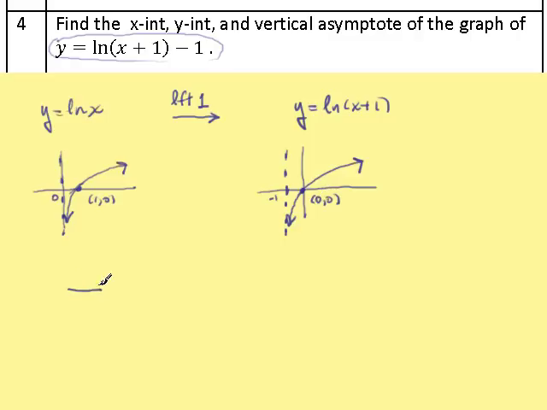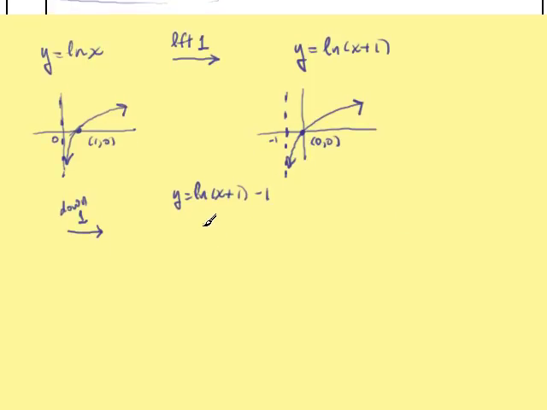And now we're going to do the vertical transformation down 1 and graph y equal ln(x plus 1) minus 1. So this point 0, 0, this time we're going to subtract 1 from y, and we get 0 minus 1. The vertical asymptote remains the same, x equal minus 1.